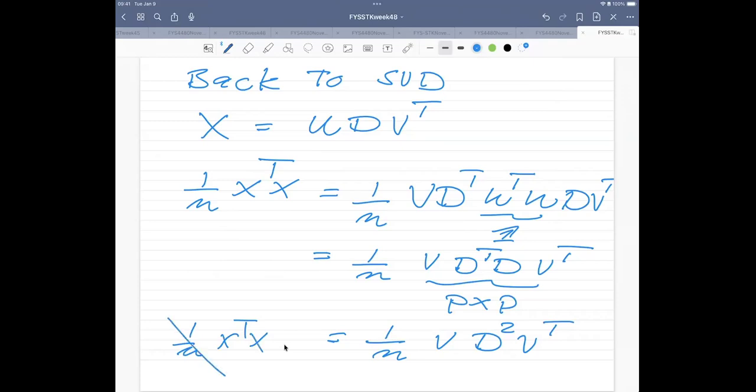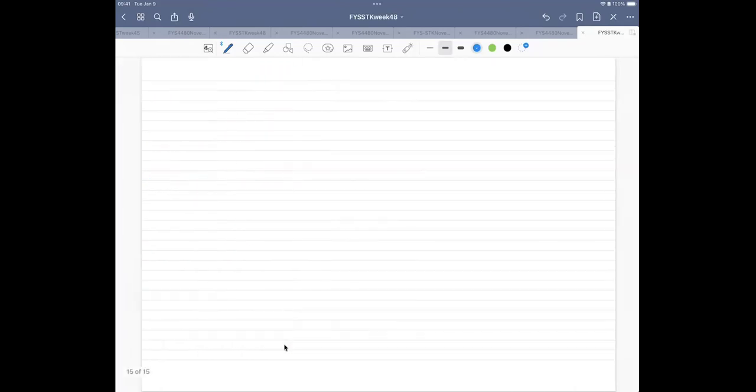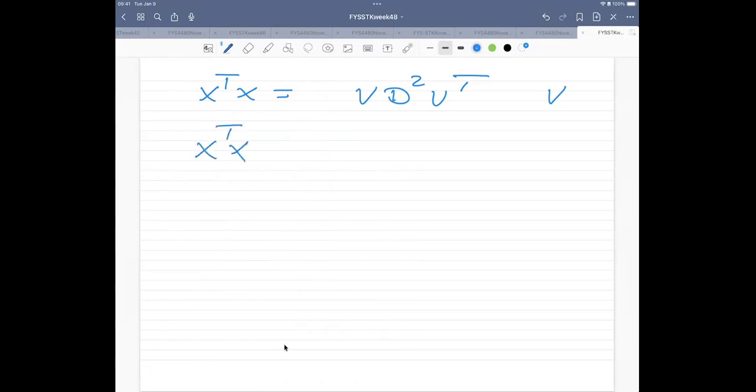Then x transpose times x is the same as V times this matrix D squared, V transpose. I multiply from the right with V. What I get then is x transpose times x times V is equal to V times D squared.